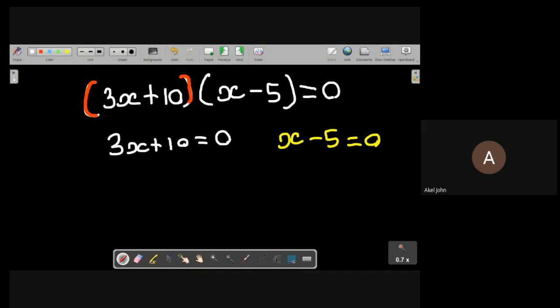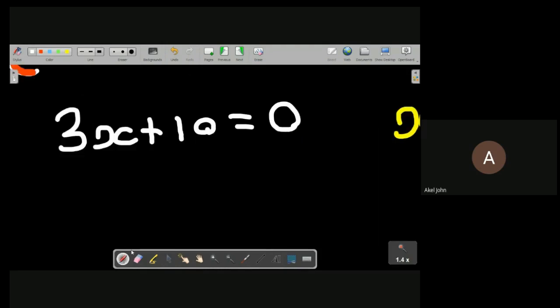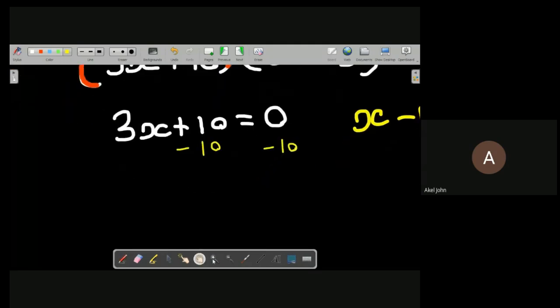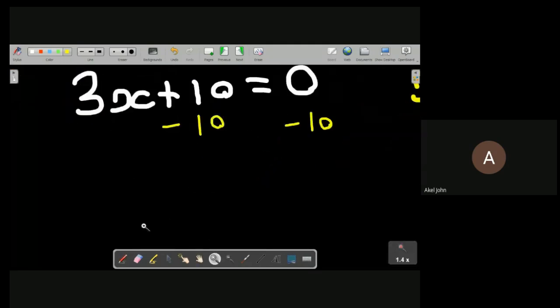Then, since it's plus 10 here, I'm going to zoom in so I can zero in on what I'm talking about. Since it's plus 10, we need to subtract 10 on both sides. 10 minus 10 is 0, leaving just the 3x, and 0 minus 10 is negative 10.